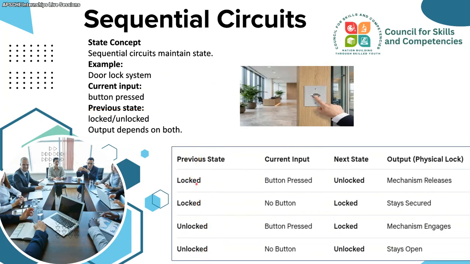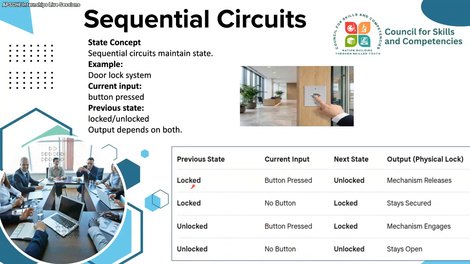The previous state may be locked and the current input might be button pressed. That is one combination. And the previous state is locked, but in the current input, no button is pressed. The same thing is repeated with unlocked, with button pressed and button not pressed.